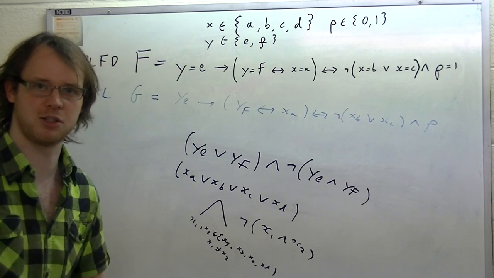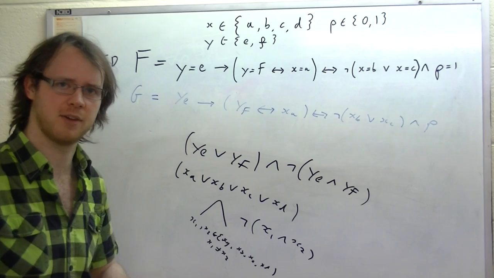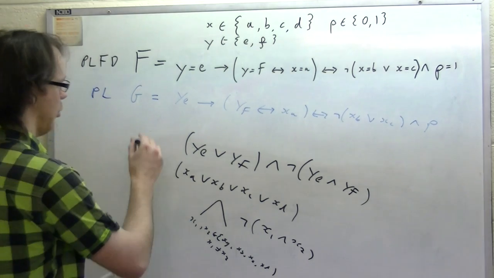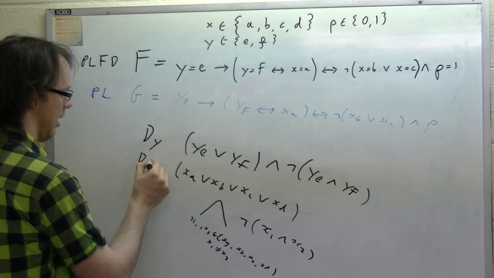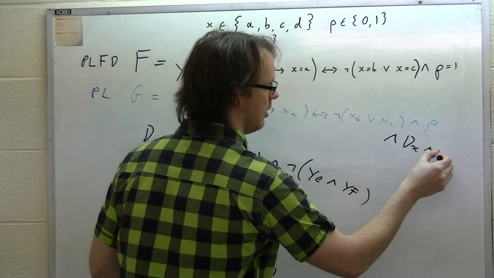So it's disjoint. When we were doing the modelling earlier on in the course, we saw how to specify these kinds of things. So let's call that dy, that dx, and now add on at the end, dx and dy.